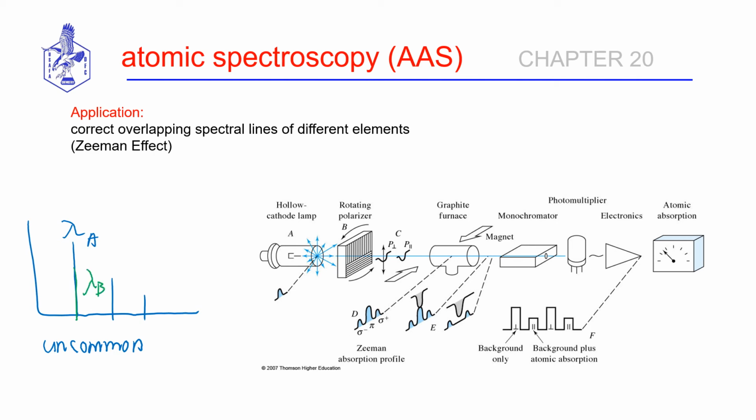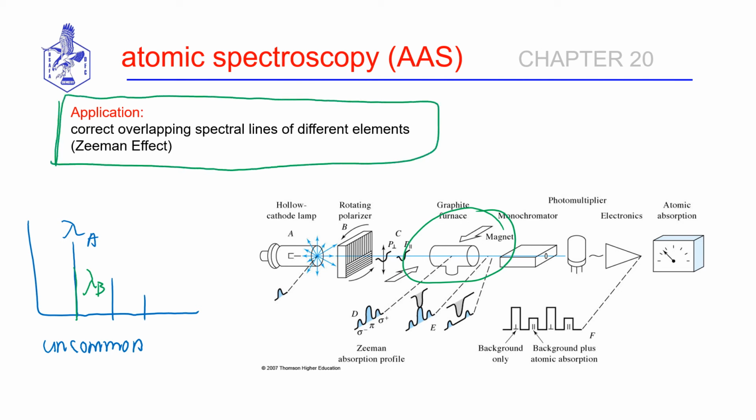But in the event that it does happen, we can use a magnet to separate out the absorption from one species versus another. This is the design of an instrument in which we introduce the magnet to separate out these two characteristic wavelengths. This is called the Zeeman effect. And once again, this is how we deal with interferences involving the overlap of the characteristic wavelengths of different elements.